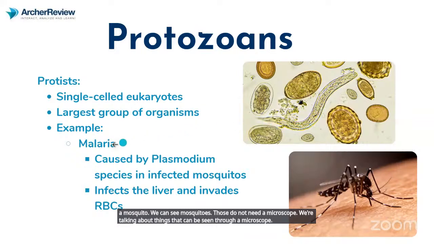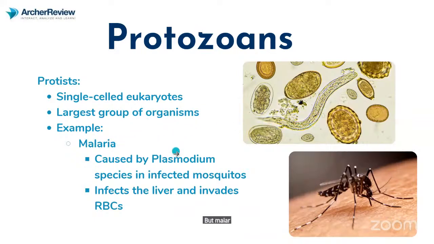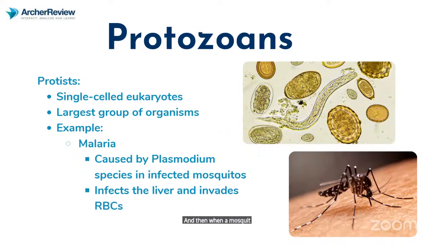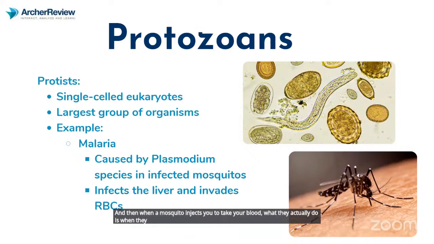But malaria is caused by the Plasmodium species of protozoans that infect mosquitoes. And then when a mosquito injects you to take your blood, what they actually do is when they stick their proboscis into your skin, they give you a little bit of a numbing agent so you can't feel them sucking your blood.